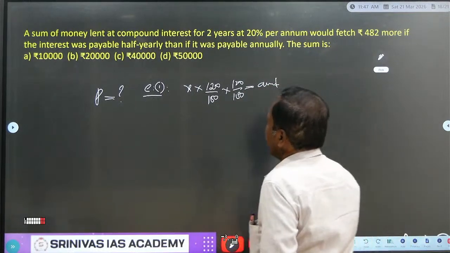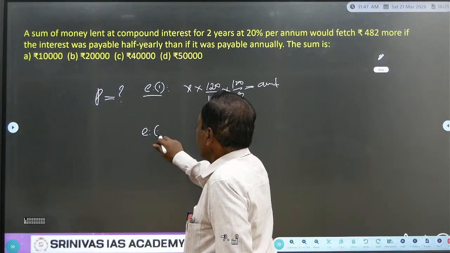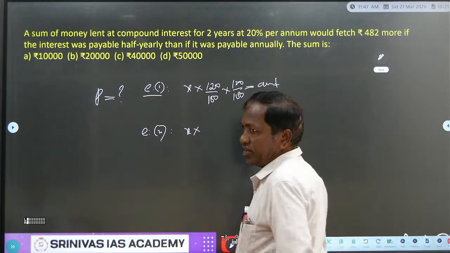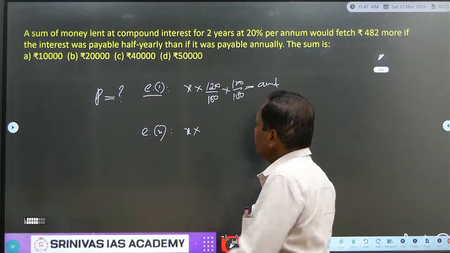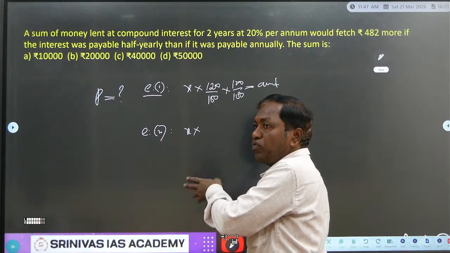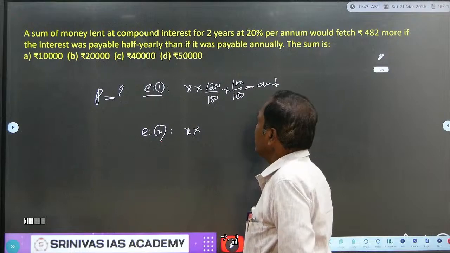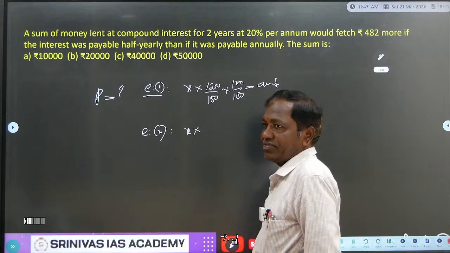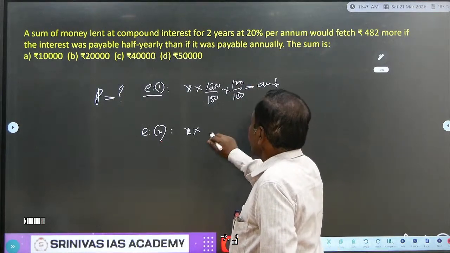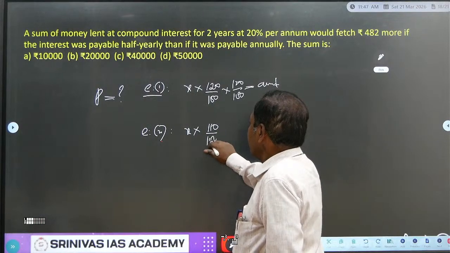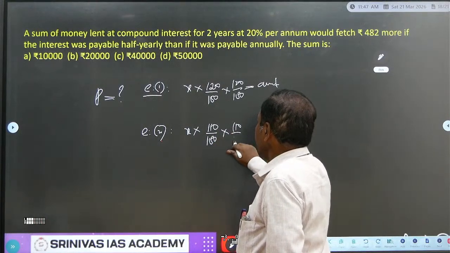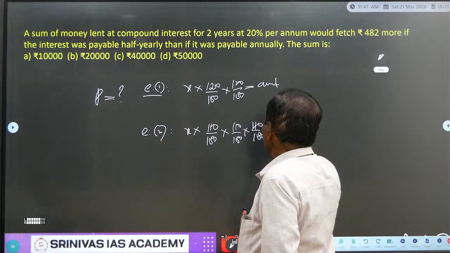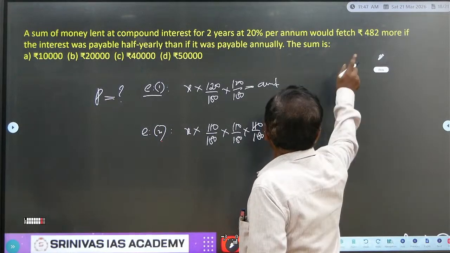Another equation: x we can keep, paying half yearly, 20% per annum. The number of years is the same. There are 4 half yearly periods. 20 by 2 for half yearly, 10%, so 110 by 100, like 4 half years, 110 by 100 into 110 by 100. You will get the amount. The difference in interest is 482.